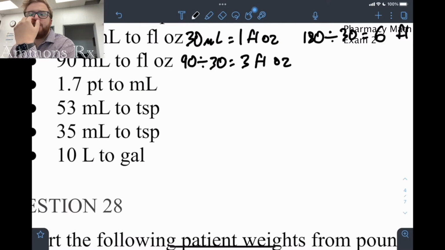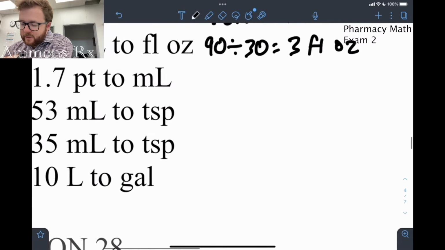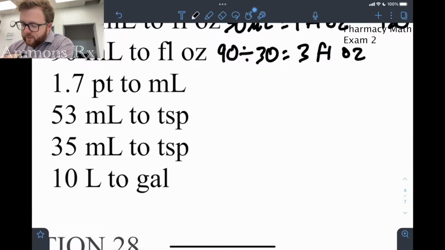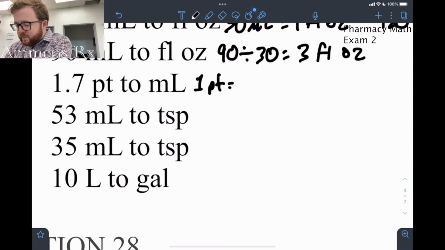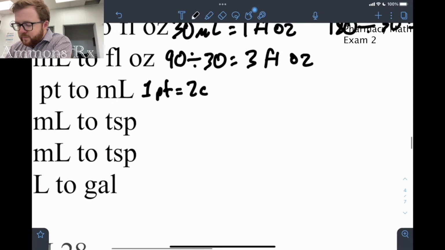Pints to mils. Now this one might be tough because you might not know the exact relationship between pints and mils, but you do know going from pints to cups, cups to ounces, ounces to mils. So it might be a little convoluted, but you can eventually get there. First off, we're going to go from pints to cups. There is 1 pint, 2 cups.